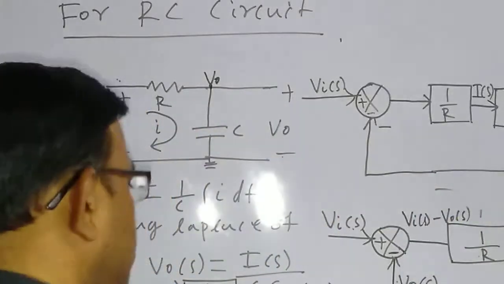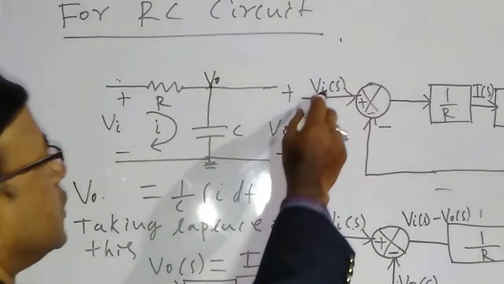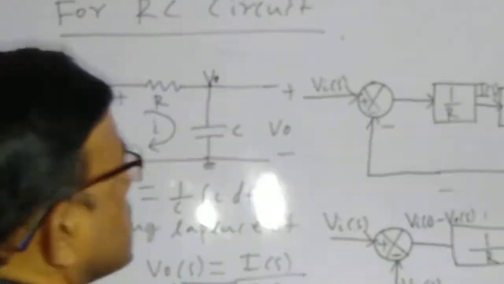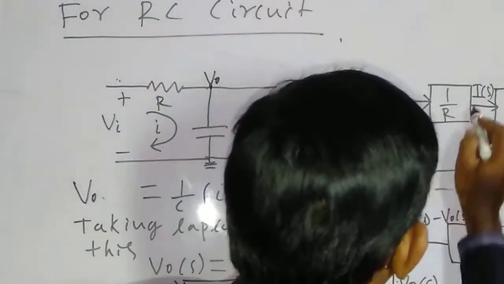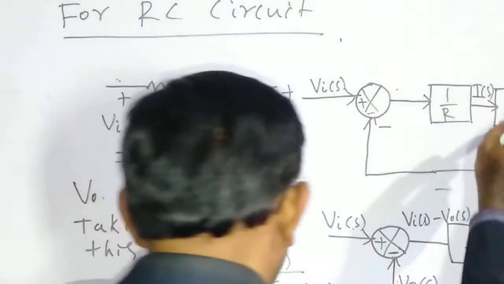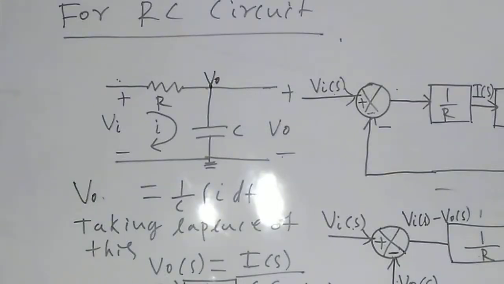So now we have combined these two block diagrams. Here Vi of s minus V naught of s by R is equal to I of s. So I of s into 1 by Cs is equal to V naught of s. So both the block diagrams are combined.